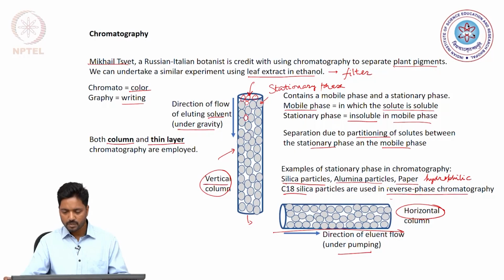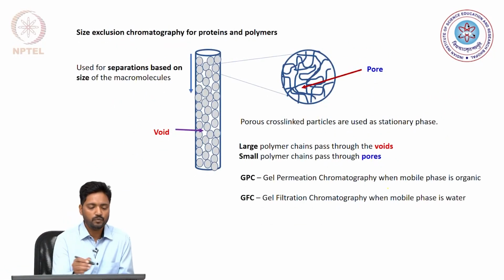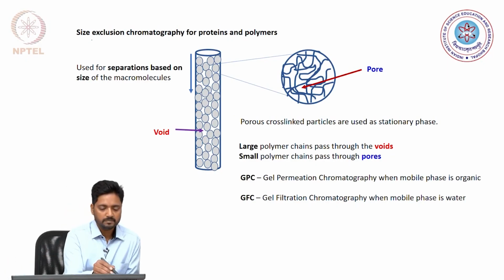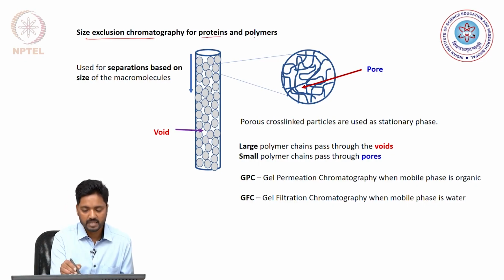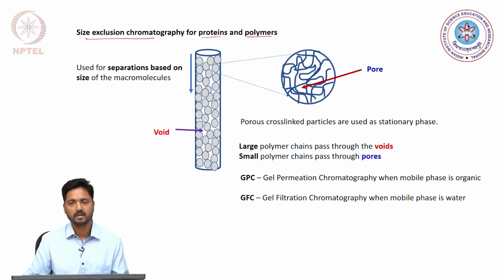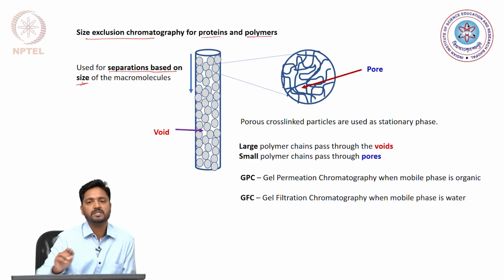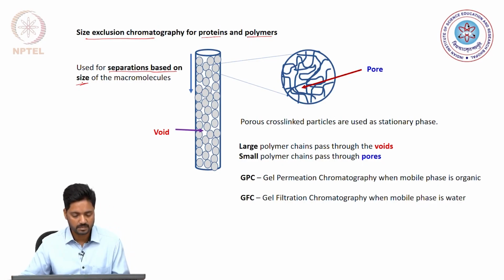Let us go to the next topic, which is the use of size exclusion chromatography for use with proteins as well as polymers. So, size exclusion chromatography, as the term clearly indicates, utilizes separations based on the size of the macromolecules or proteins of interest.